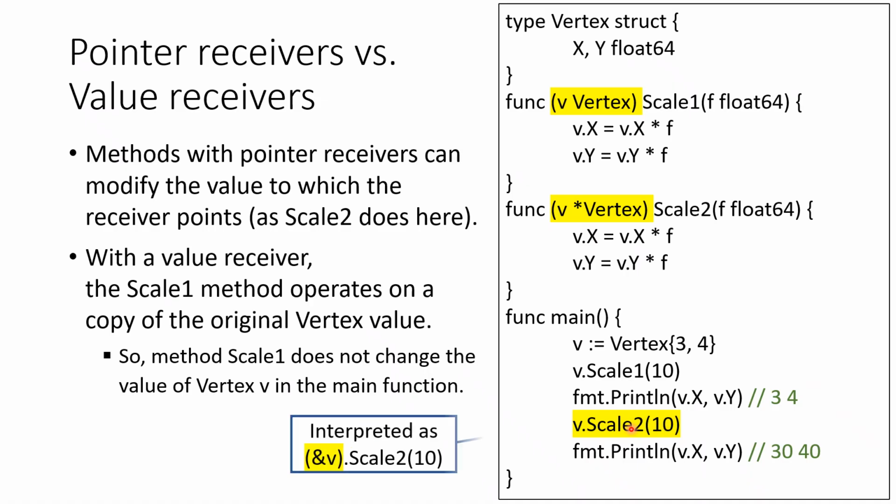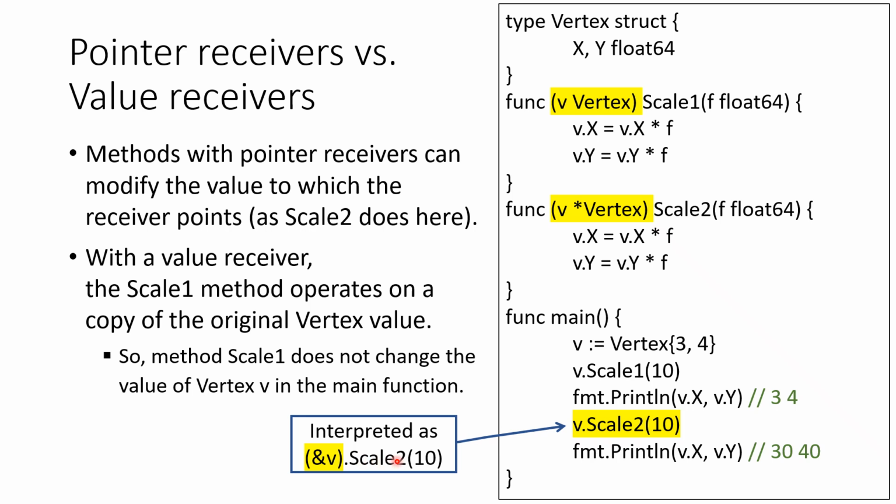Note that Go interprets the call v.scale2(10) as (&v).scale2(10).